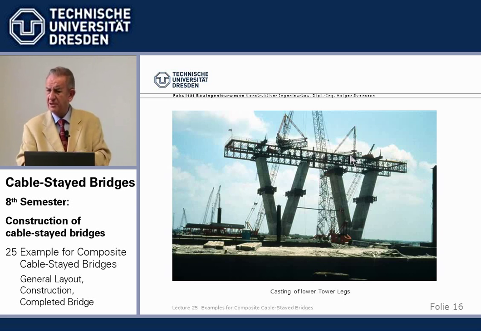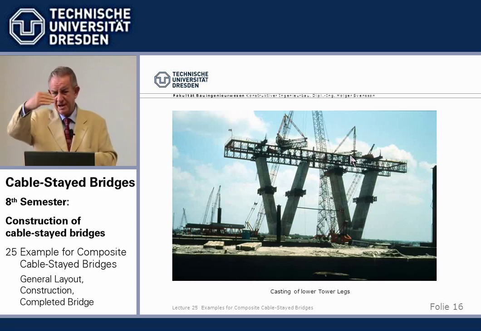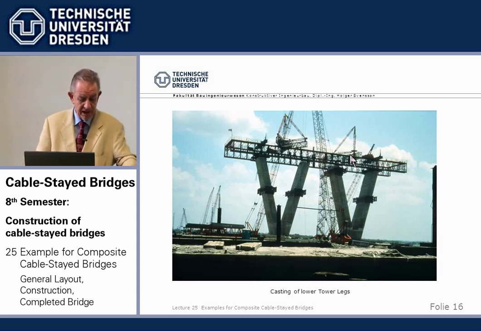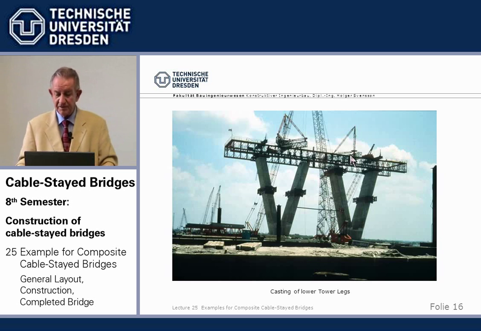Very heavy equipment. It worked, but it was difficult to change it up to the next position and so on. So for the next 2 legs, they then used individual forms.